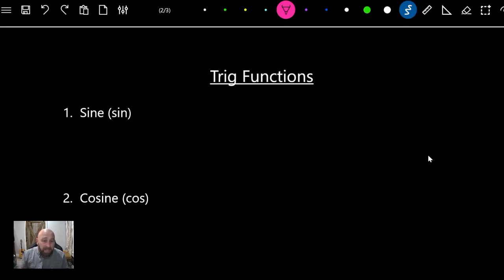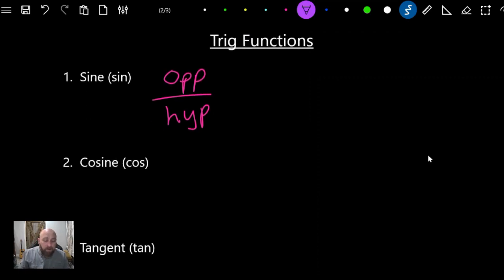So with sine, here's the simple formula for sine. Remember I said these are like formulas. The sine formula is going to be opposite over hypotenuse. For cosine, it's going to be adjacent over hypotenuse.